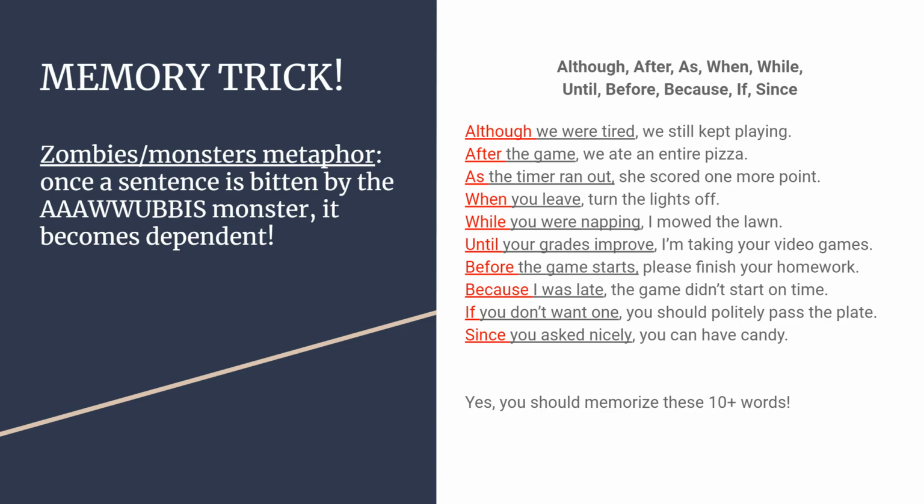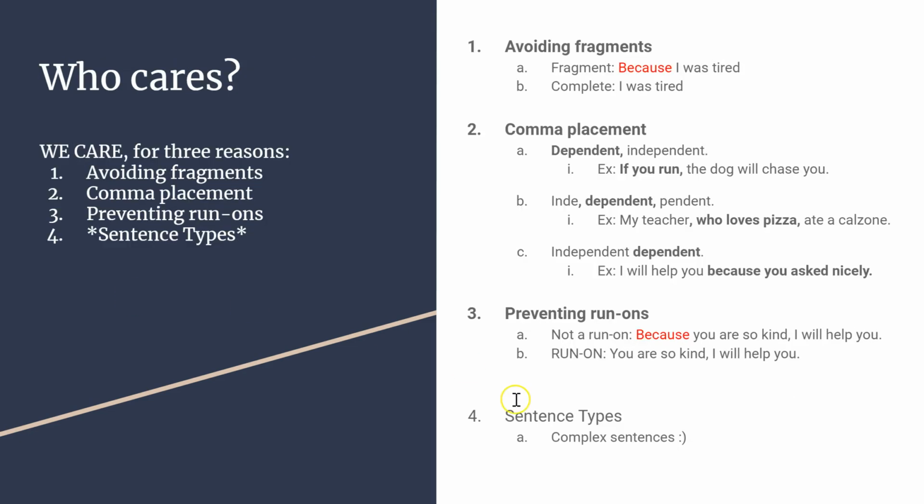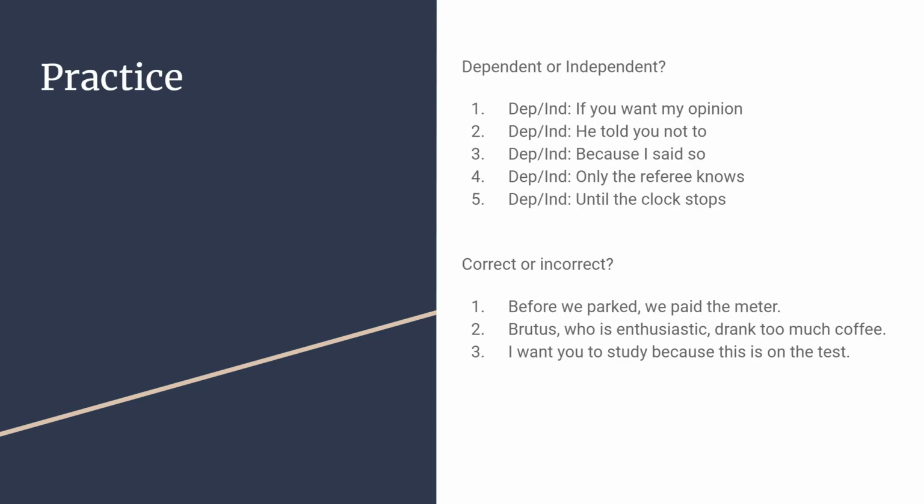They have one of each. And technically, you can have a dependent clause in a compound complex sentence as well. But whenever you learn sentence types, it will be very helpful for you to know how to recognize dependent and independent when they happen. So let's practice a little.